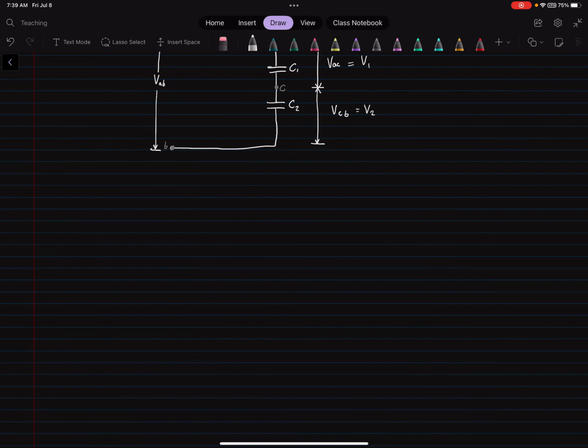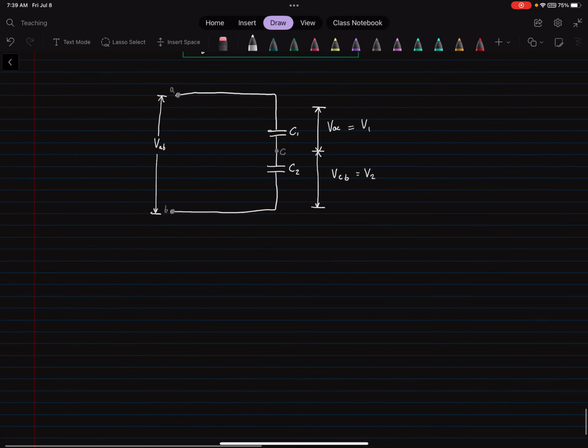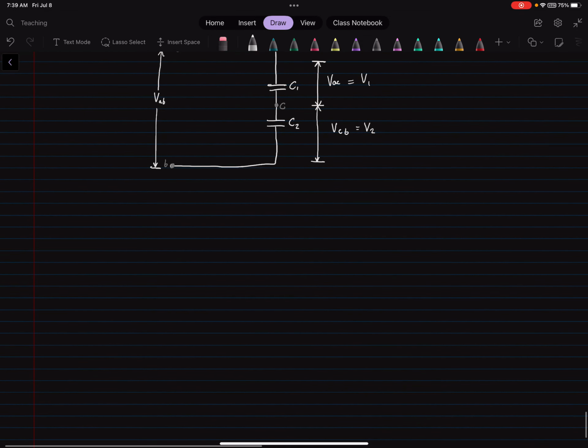Alright, so we have VAC being equal to V1, which would be equal to Q over C1. If you think about the definition of capacitance, you will agree that that is a correct expression. And we have VCB being equal to V2, and likewise Q over C2.